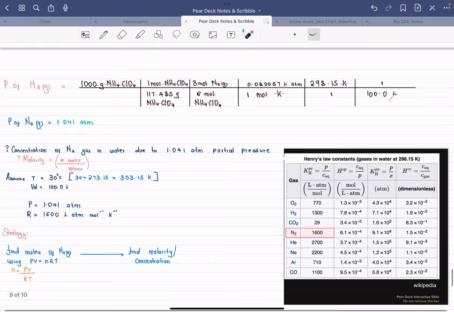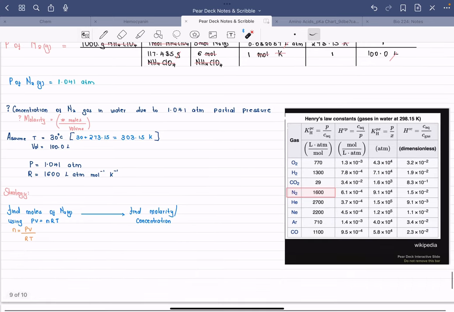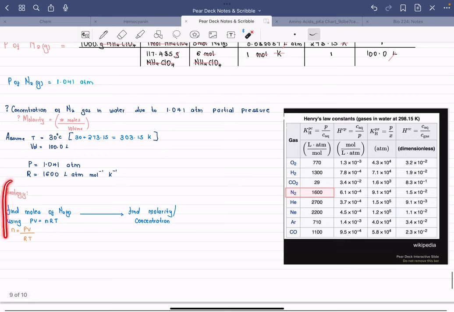So this also calls for the use of the ideal gas law. And I laid out my strategy as the first thing to do is to find the moles of N2. And I'm going to use the ideal gas law, and I rearranged it to be the number of moles equals pressure times volume divided by the constant and the temperature. And then from that, I will find the molarity.